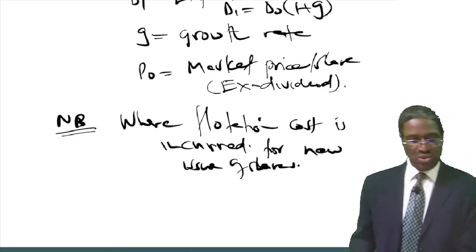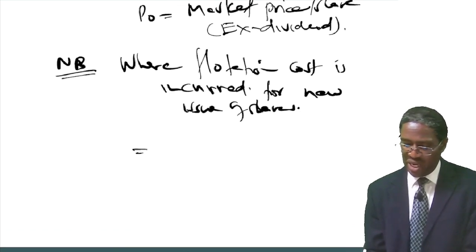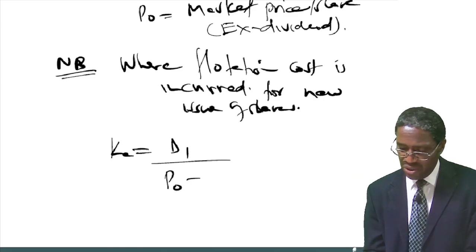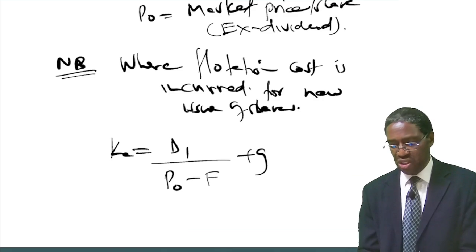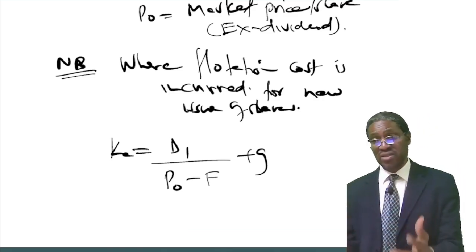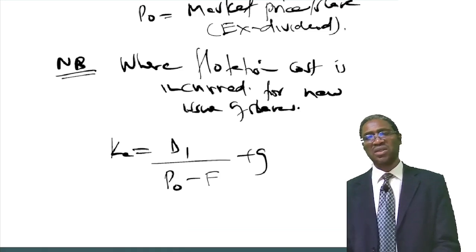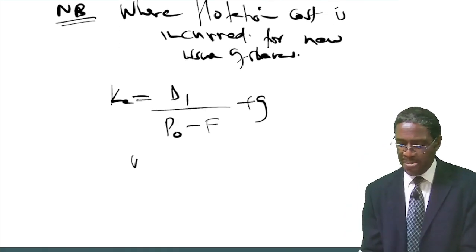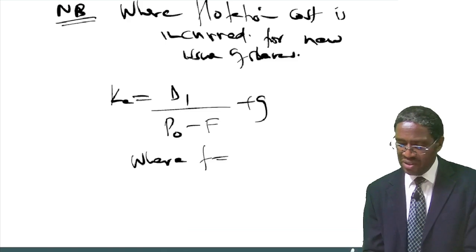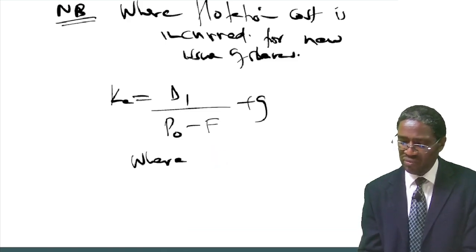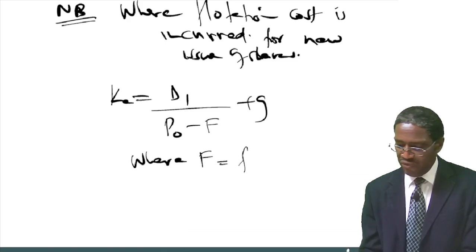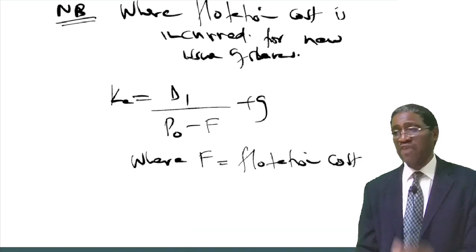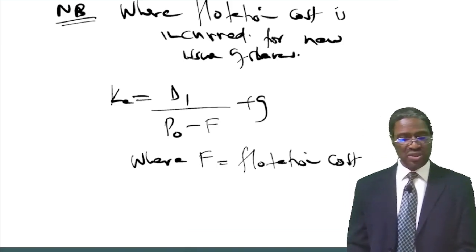So this will be given by KE equals D1 divided by P0 minus F, plus G. So we have only incorporated the F. So you can even add where F equals flotation cost. Good.